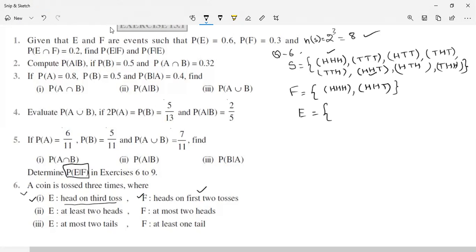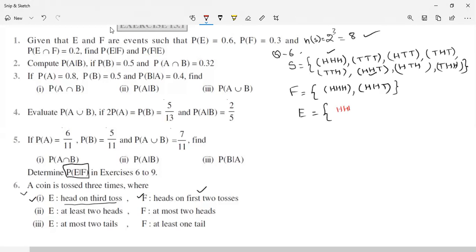E is head on the third toss. Third toss will have head. No, not this one, this is third toss tail. This one, the first one also comes here.